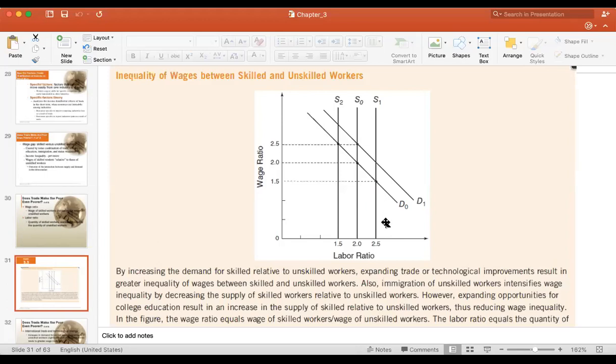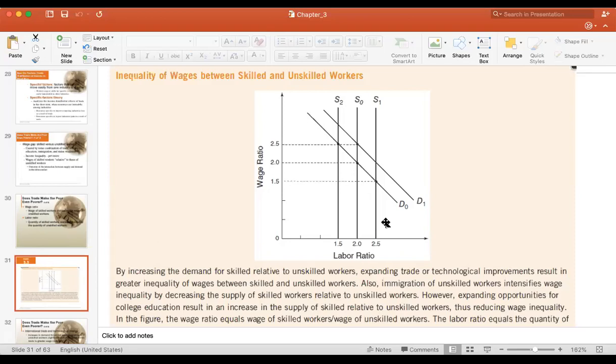What will happen to the demand for skilled versus unskilled labor if the US happens to be skill abundant and now the US trades with other countries?